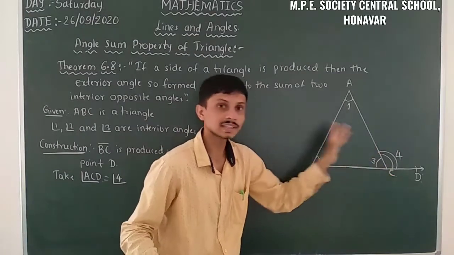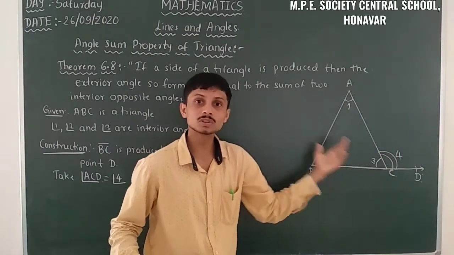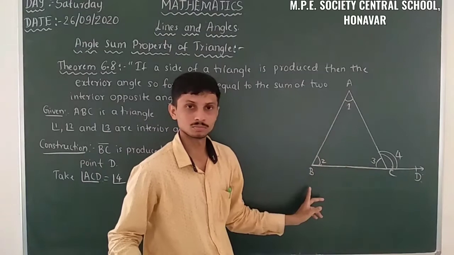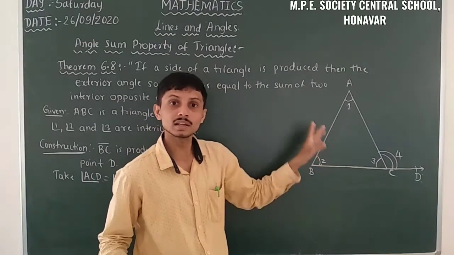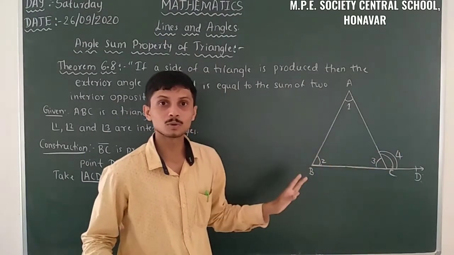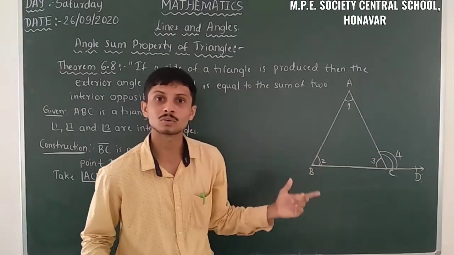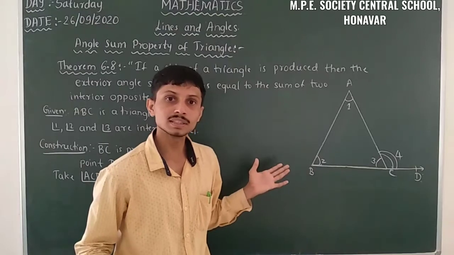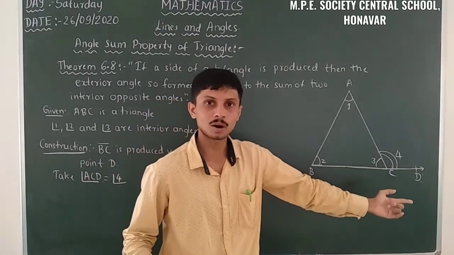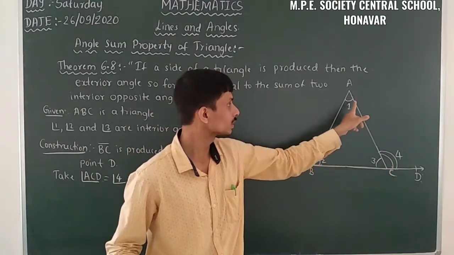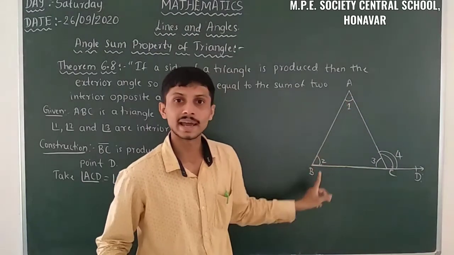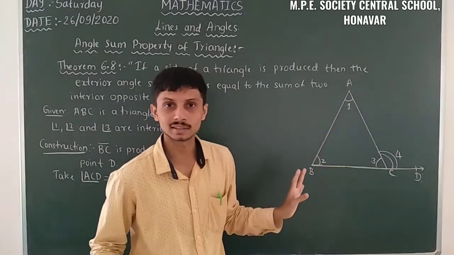What are the angles opposite to this angle? So 1 and 2. So those two are the interior opposite angles of angle 4. So angle 4 is equal to angle 1 plus angle 2 we have to prove here. So that means the exterior angle so formed is equal to the sum of the two interior opposite angles.